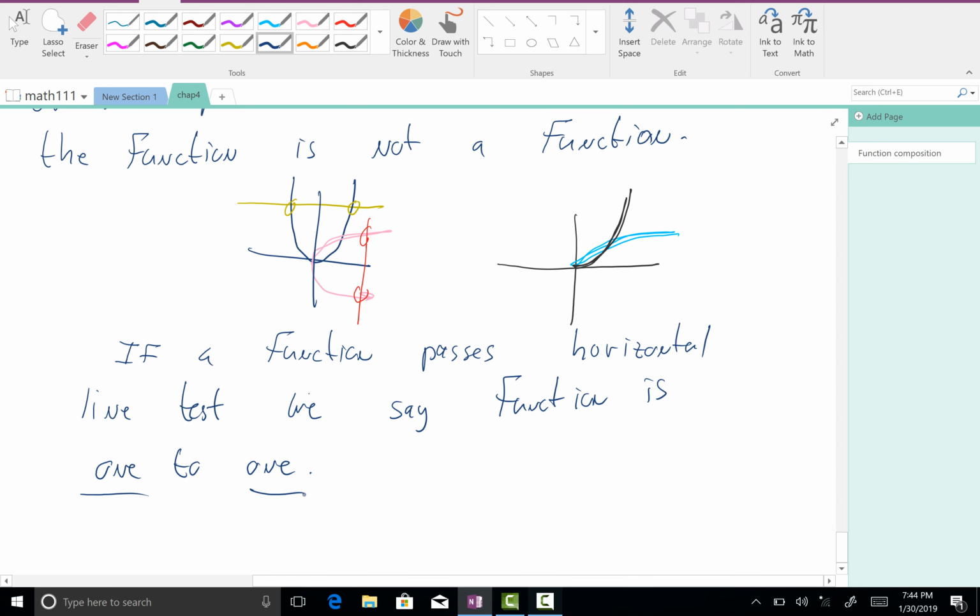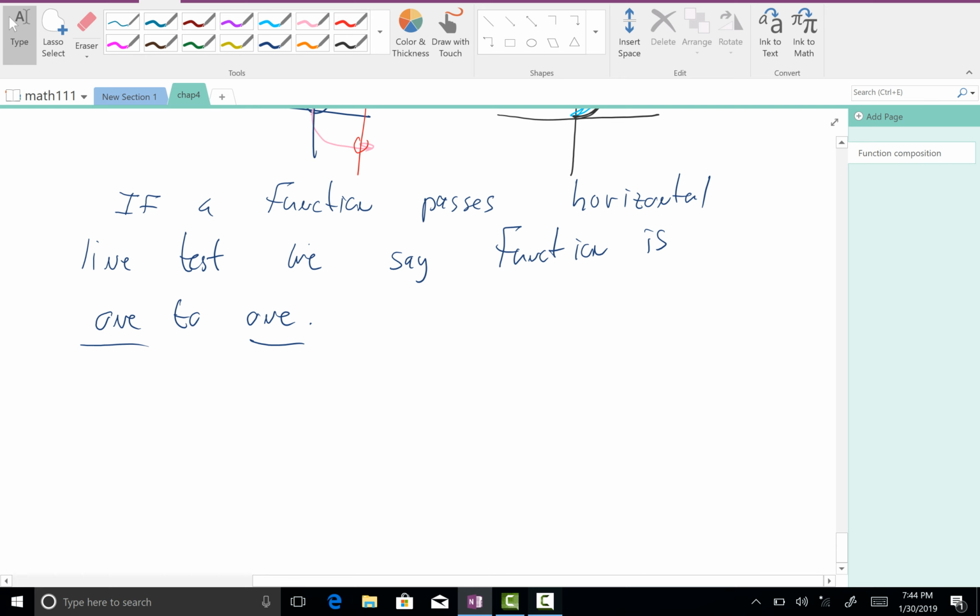Oh, verify functions are inverses of each other. Let me show you how to do that. I want to take one right out of the, I don't know if it's one you have to do or not. Doesn't matter.